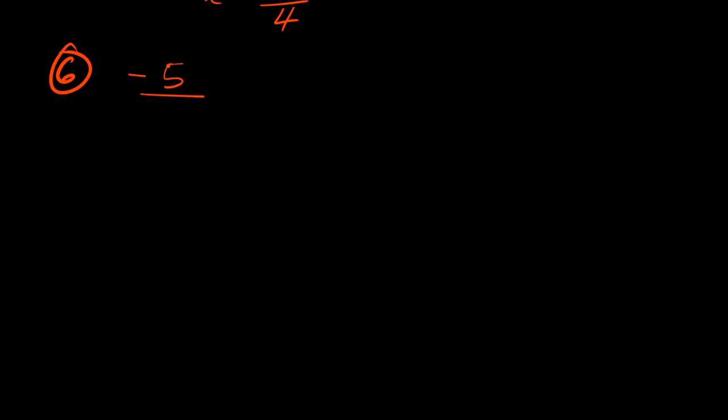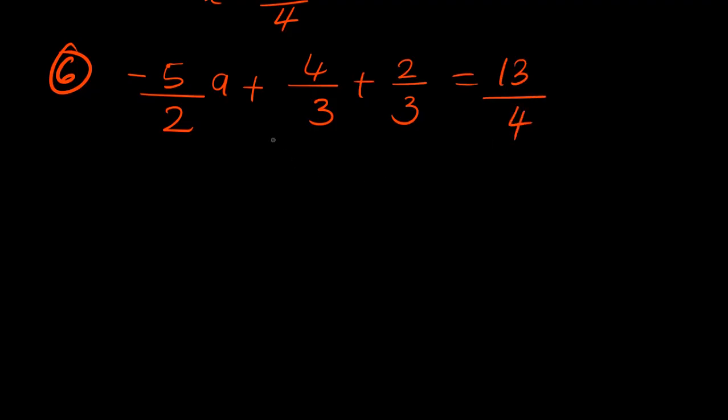Negative 5 over 2a plus 4 over 3 plus 2 over 3 is equal to 13 over 4.